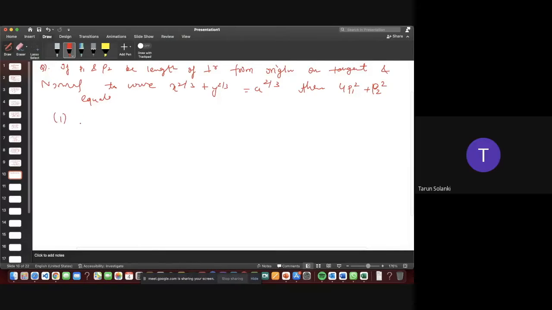Options are 4a square, 2a square, a square, and none of these.